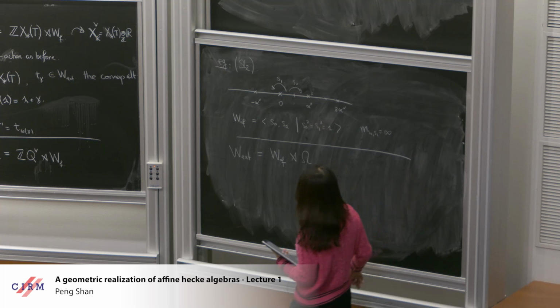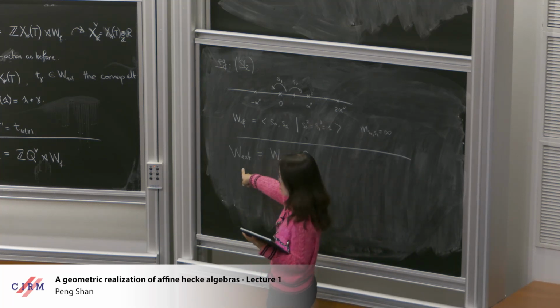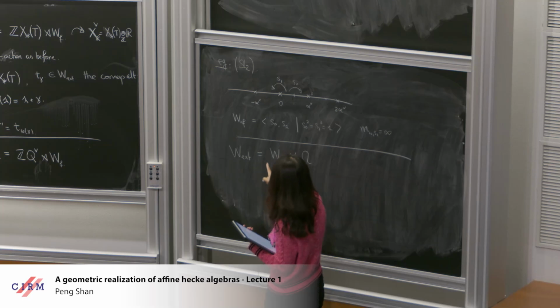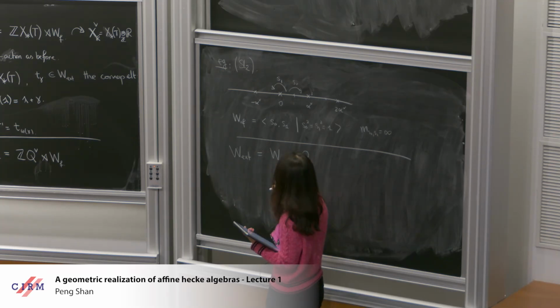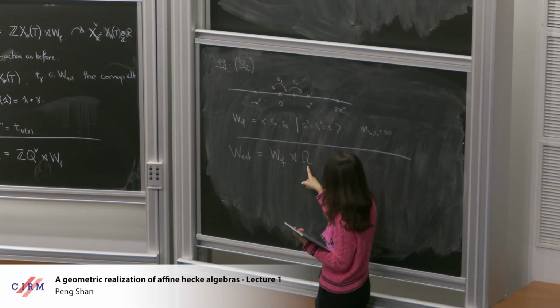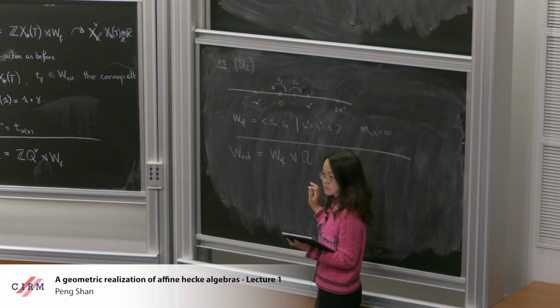If we want a Coxeter type presentation of this group, you use the Coxeter presentation for the affine Weyl group, you have a length function on it, and you declare elements of omega to have length 0.